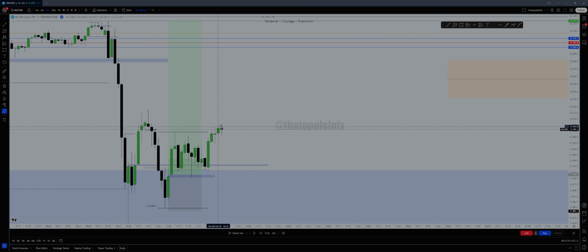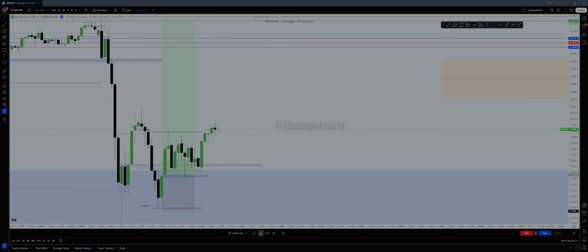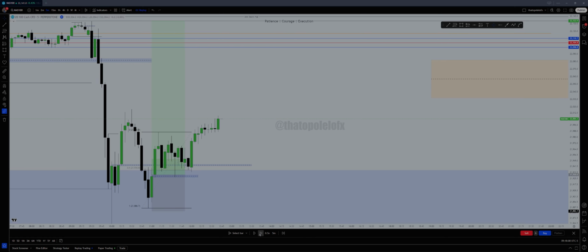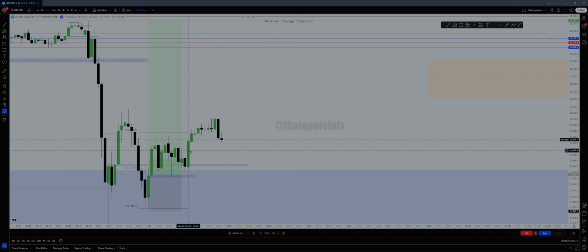Because also we want a formation of a swing high. It's price just going up. So if at all you wanted to use this as your entry, you would have waited for price to really form a swing high and then come down to it.